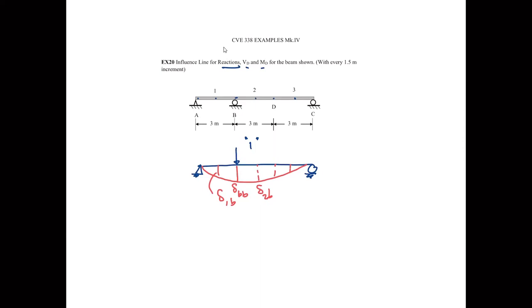Delta 1 is equal to 7.125 over EI. Delta B is 12 over EI.